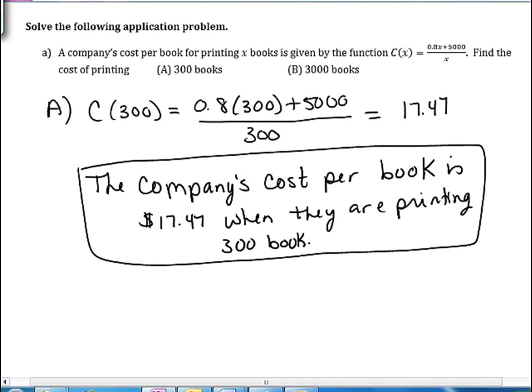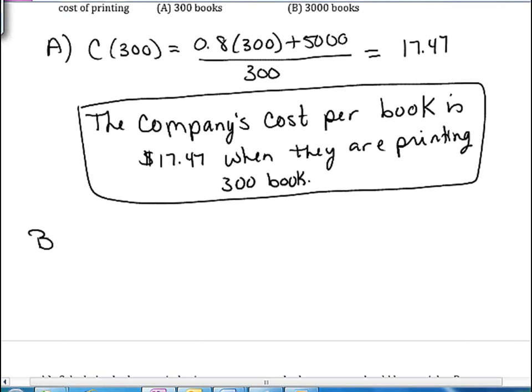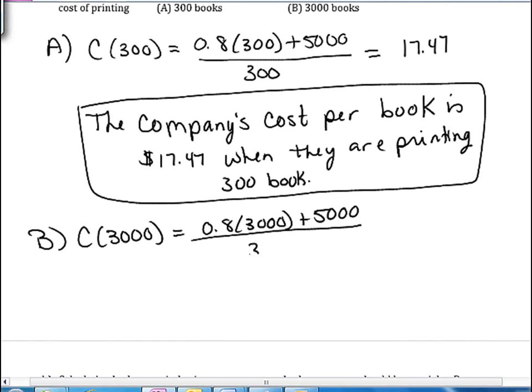We want to do the same thing when they're printing 3,000 books. So we want to find c of 3,000, and that will be 0.8 times 3,000 plus 5,000, and then divide that by 3,000.